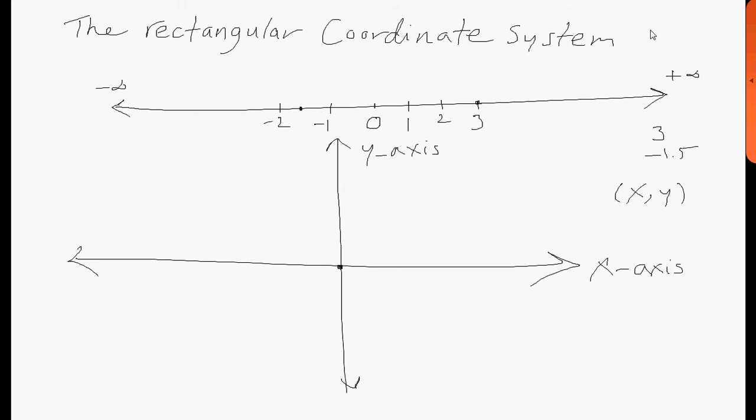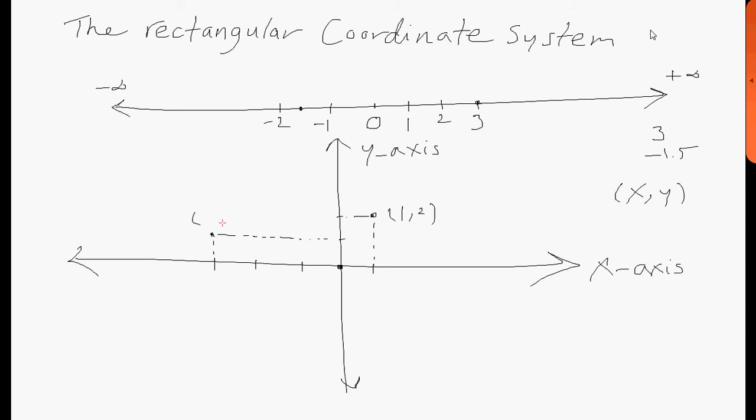So for example, if I go 1 unit to the right from the origin and 2 units up, I reach this point, which can be described by 1, 2. 1 for x because I moved 1 unit to the right, and 2 for y because I moved 2 units up.